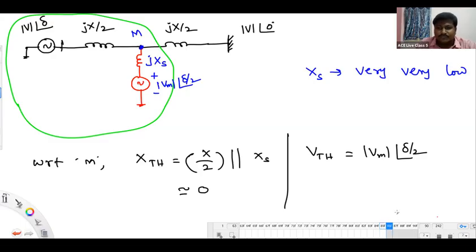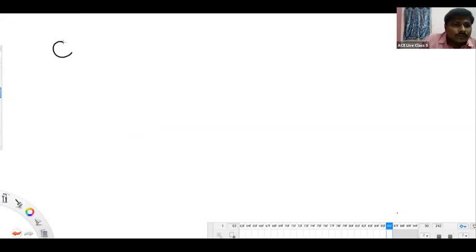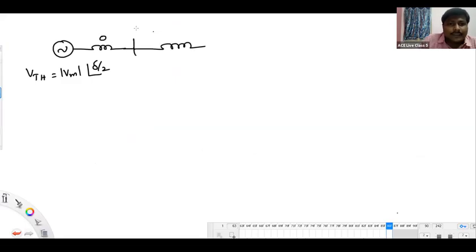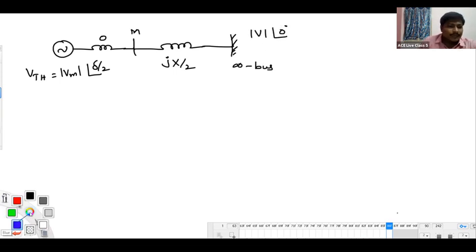So this is V Thevenin, which is mod Vm at an angle delta by 2, and X Thevenin is 0. You have the remaining part of the network: from the midpoint, jX by 2, and this is the infinite bus, mod V at an angle 0 degree.